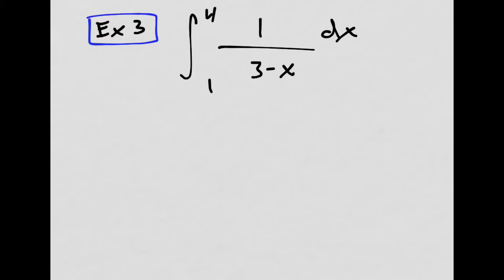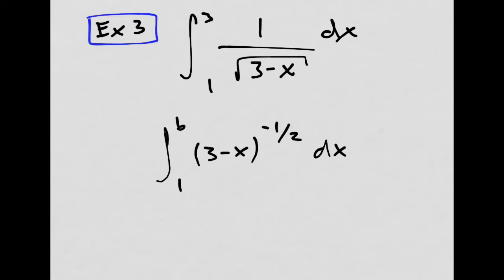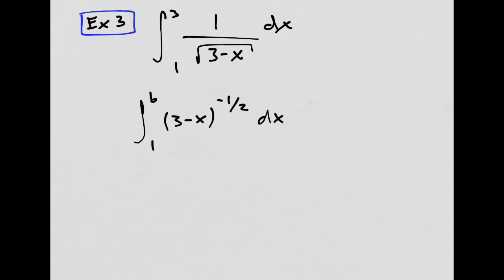So, let's go back to the original problem, with the square root and 3. I'm just going to change this to a b, from 1, and then 3 minus x to the negative 1/2. What would you use here? If you don't want to do reverse chain rule, you can use u sub. u equals 3 minus x, du equals negative dx, dx equals negative du.